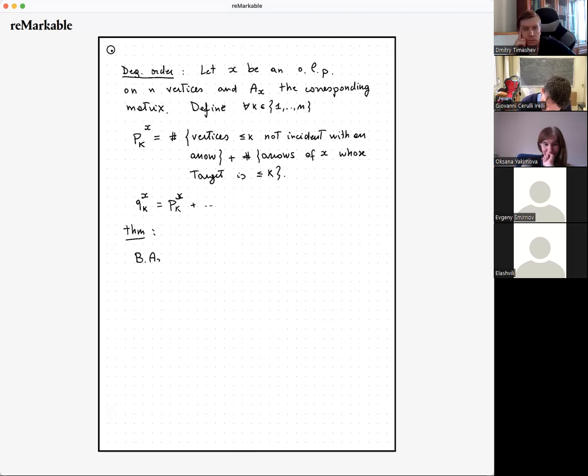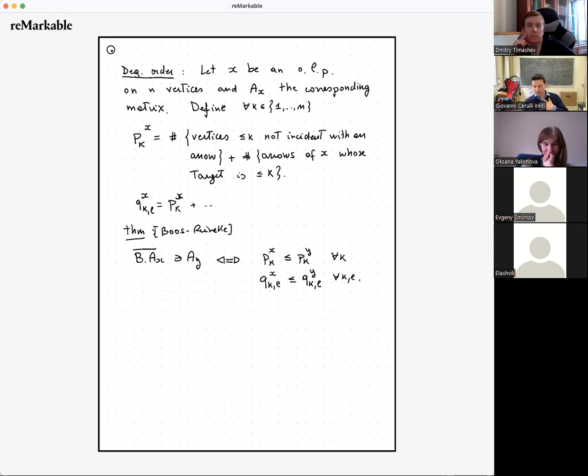Okay, and then the theorem, this is Bose-Reinecke, is that the orbit of A_X contains the orbit of another matrix corresponding to a link pattern Y, if and only if these numbers p_k(Y) and q_kl(Y) are bounded by those of X, for every k, and then for every k and l.